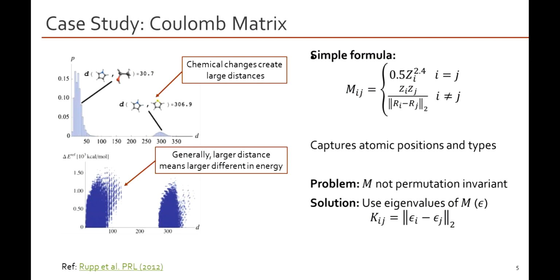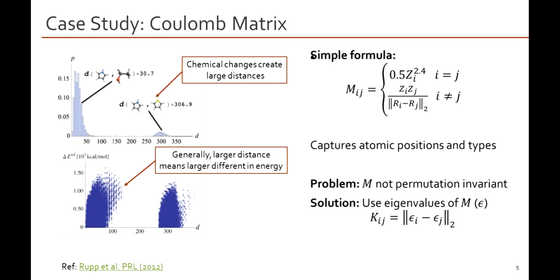Here in this notation, I and J are the index of atoms within a molecule. And as I mentioned, these on-axis points encode information about an atom. The off-diagonal terms encode, say, the distance between different atoms in a molecule multiplied by their charges.